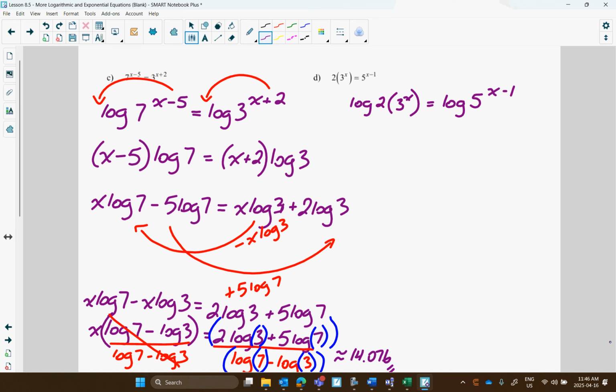So remember our multiplication log law. If you take the log of 2 arguments being multiplied, that's the same as taking the log of the first argument plus the log of the second. So that's what we have to do when you see that. If it was a division one, like if it was 3 to the x over 2, then I do subtraction. Equals log 5 to the x minus 1.